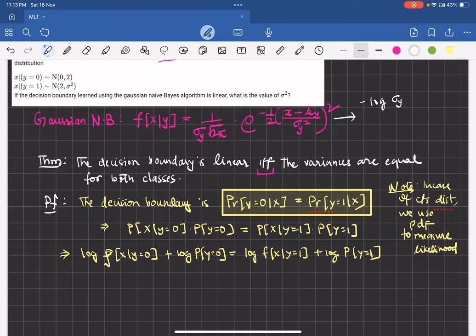And we will also have minus half of x minus mu y by sigma y whole square. Now, when I take product of all the data points available, instead of just log sigma y, we will have log sigma y whole to the power n, right? What is small n? n is the number of data points.